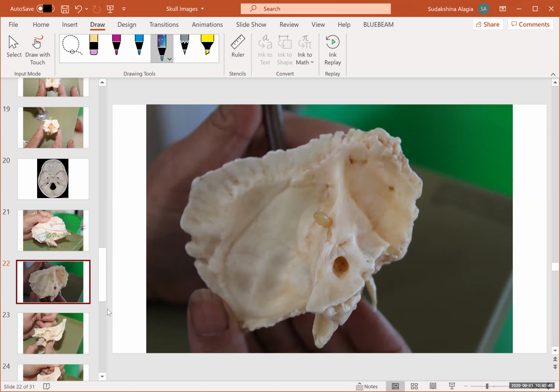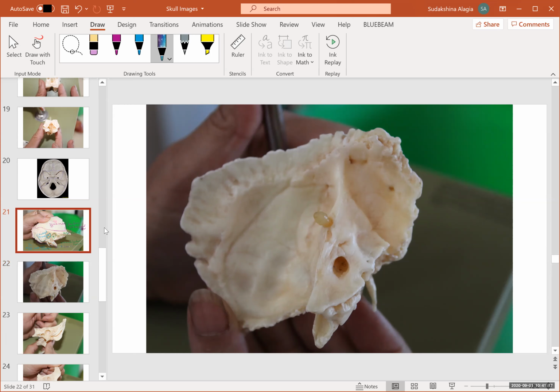This is frustrating. Maybe if I can show you both. Oh, I'll just show you the internal auditory canal, which is well visible here.